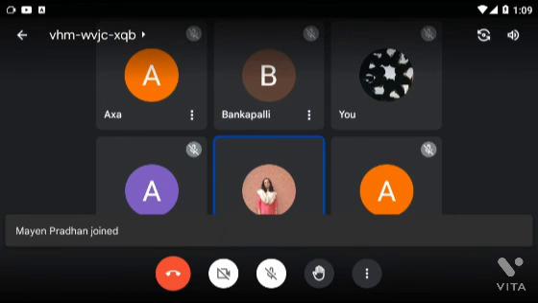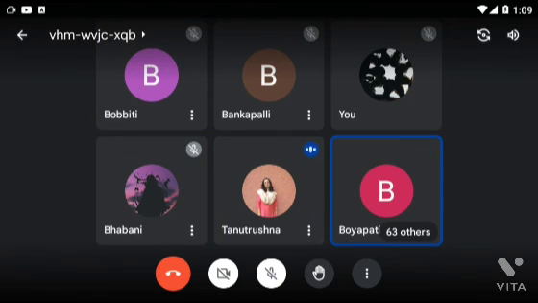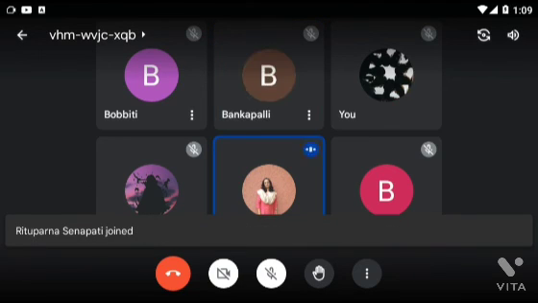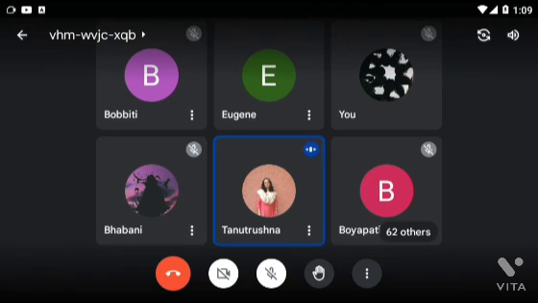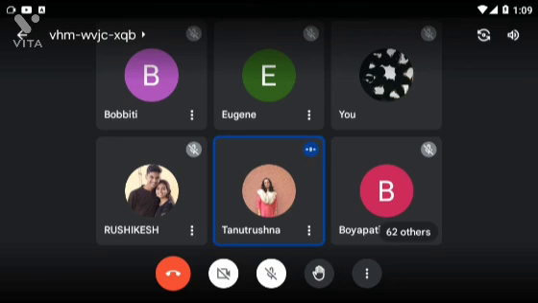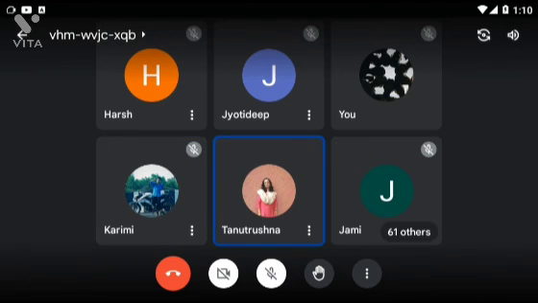Present, ma'am. Sai Rohan Reddy. Present, ma'am. Bayapati Sutej. Present, ma'am. Tarun Kumar. Present, ma'am. Cosmos Tirki. Present, ma'am. Rishikesh Ramesh. Present, ma'am. Harsh Mishra. Present, ma'am. Harsh Yogesh. Present, ma'am. Jami. Present, ma'am. Jyotideep Achari. Present, ma'am. Karimi Upendra. Present, ma'am. Raja Naik.